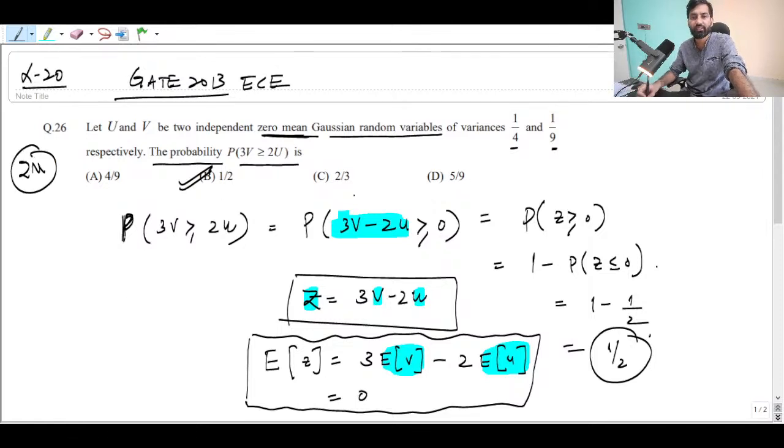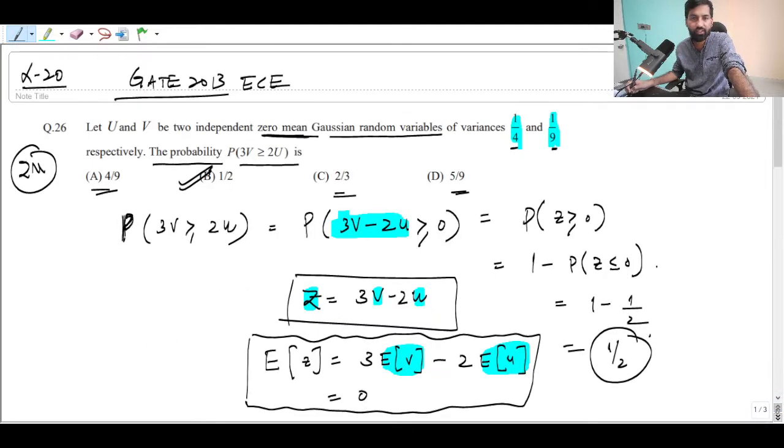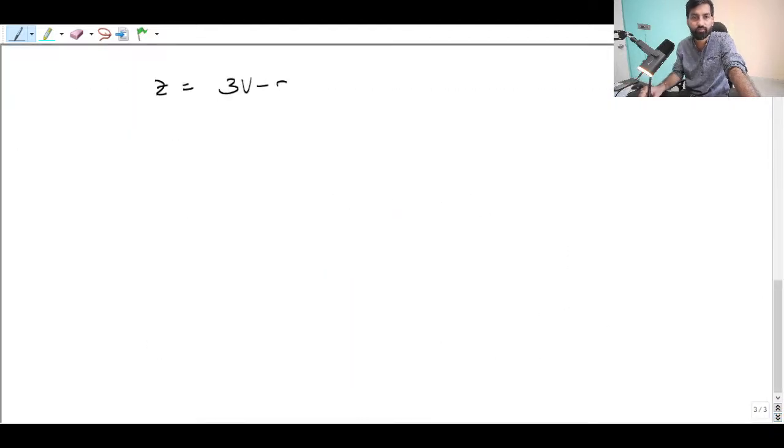You can see these are the options, and for this question this information is irrelevant. But you can compute the variance of Z also. Let me compute here. Z is given as 3v minus 2u.